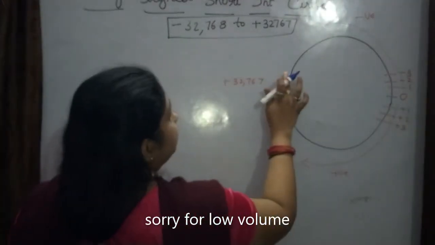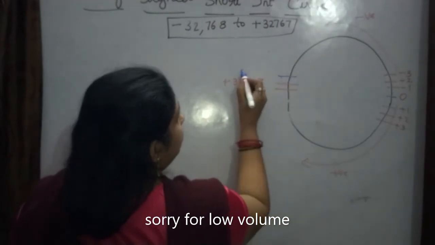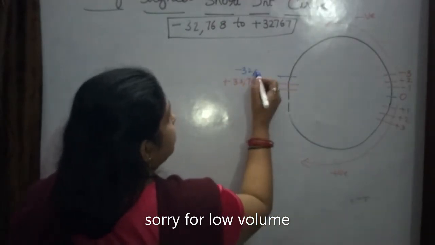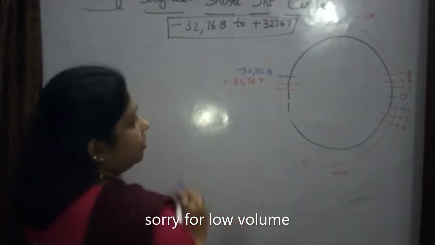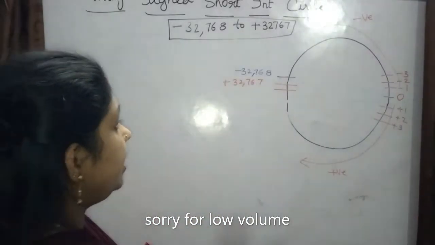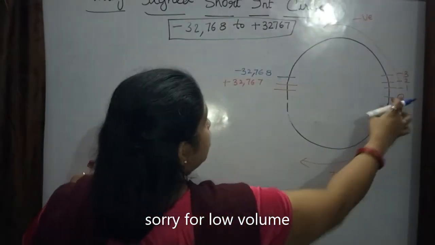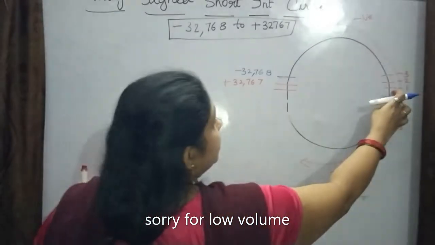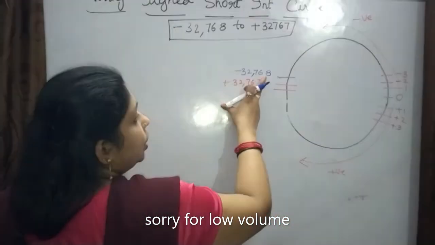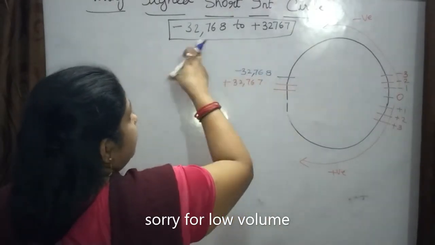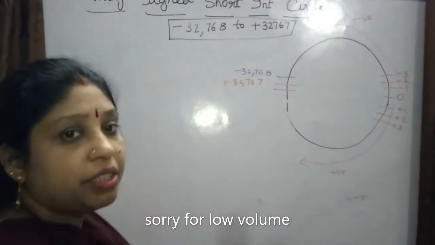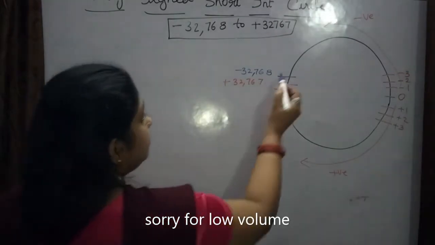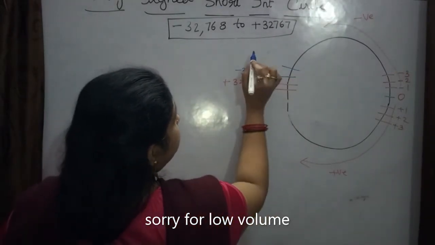Okay, now see, it will be minus 32,768, right? Is it clear? From 0, plus 1 to plus 32,767, from minus 1 to minus 32,768. You can see the values here, whether it's matching or not. Now the next number will be what?